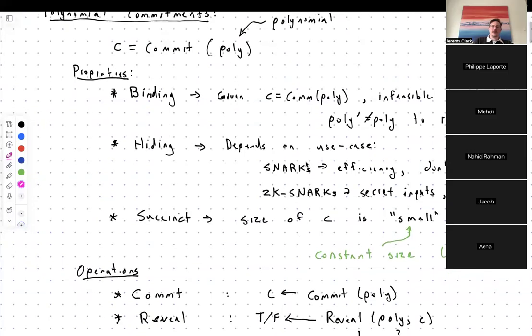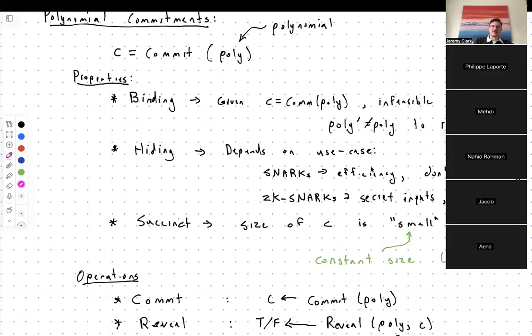So there's a hiding and a not hiding version of it, or kind of the term they use is a sort of Feldman style or a Pedersen style version of these commitments.